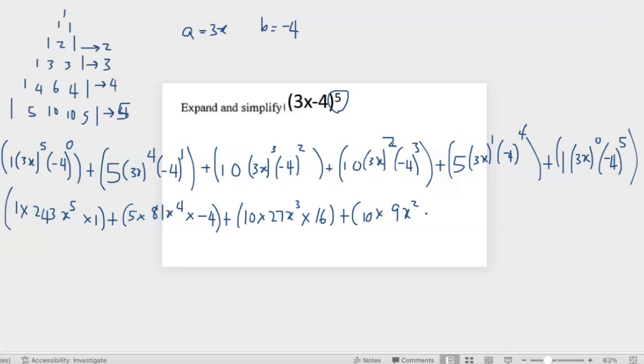So you're cubing that, but guess what? The sign is going to remain, so that's going to be minus 64. And then we have plus 5 times 3x. And this one, because it's an even power, when you raise it to the power of 4, it's going to become positive. So I have positive 256.